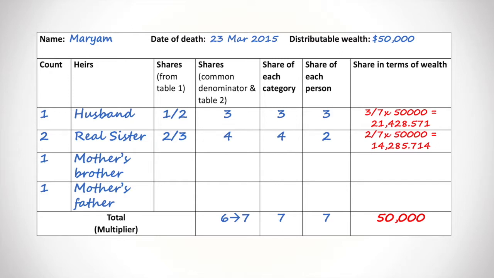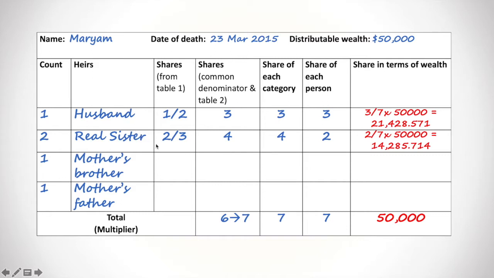As we can see over here, both the relatives, the husband and the sisters, got their share, but it was slightly reduced. The husband was originally supposed to get one half, which would have been $25,000. But with this masla all, because they also had to give shares to the sisters, his share was reduced to 21,428.